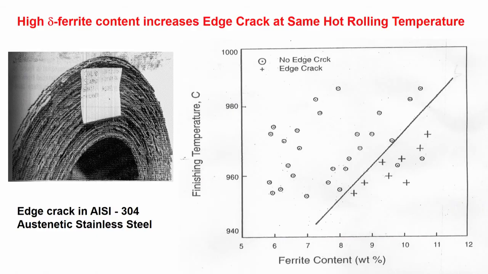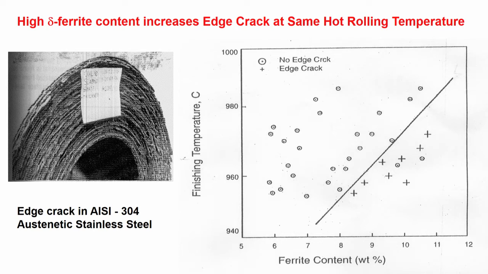Now, earlier I had mentioned that high delta ferrite, which is more than 6% delta ferrite content in austenitic stainless steel, say AISI 304, standard austenitic stainless steel, creates edge crack in HR coil.